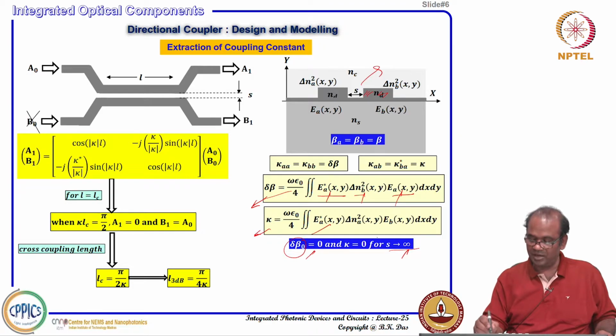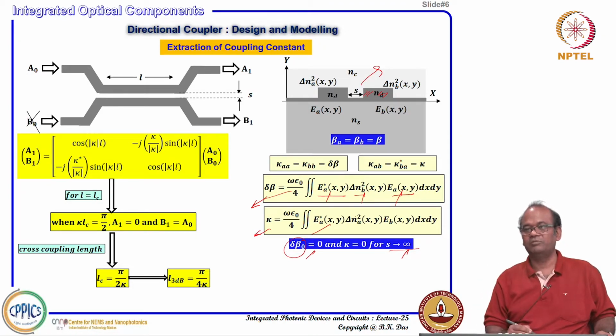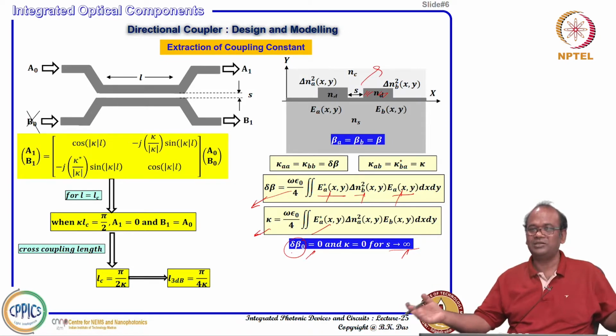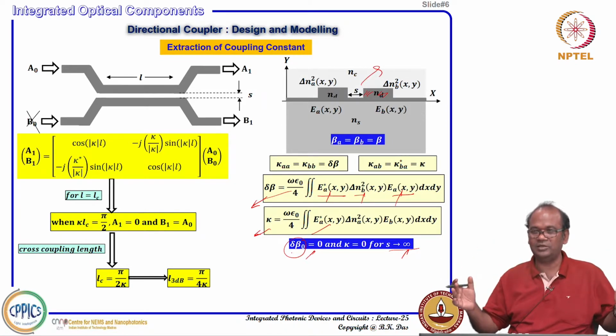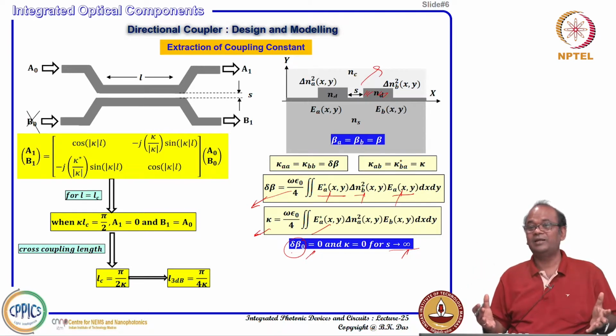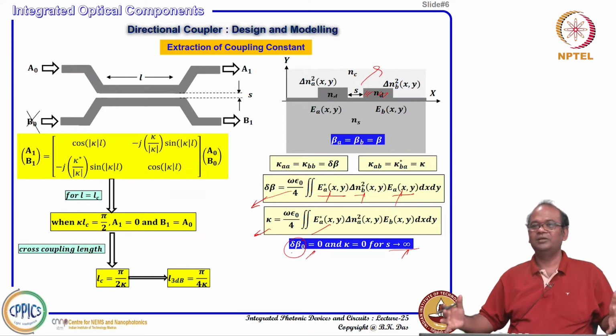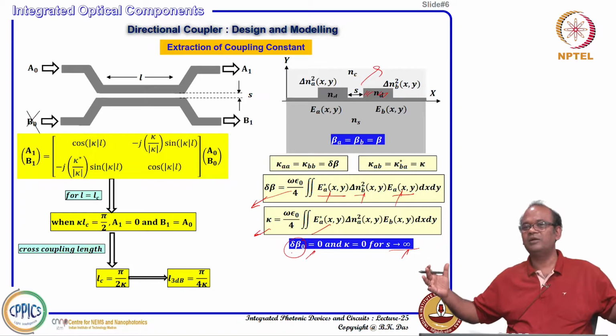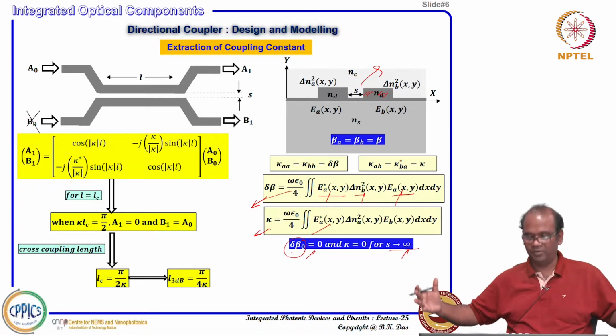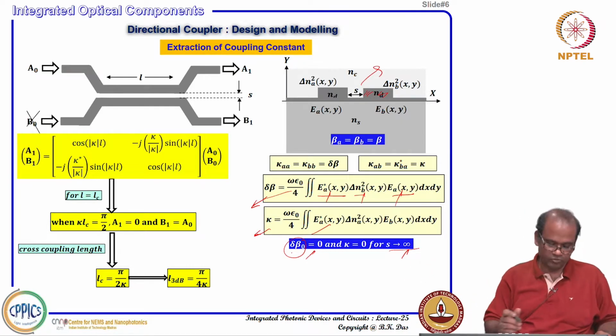In that way, for a large distance we can ensure that both delta beta and kappa are 0. In that case they are completely decoupled and maintain their orthogonality condition individually. So, that is what we learned so far.